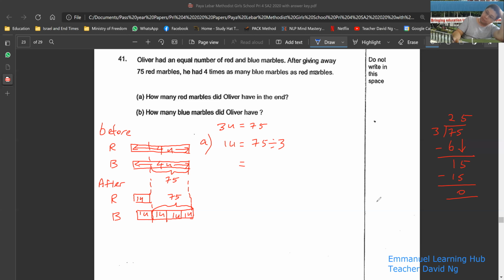So what did I do here? 75 divided by 3 equal to? The answer is very obvious. 25.